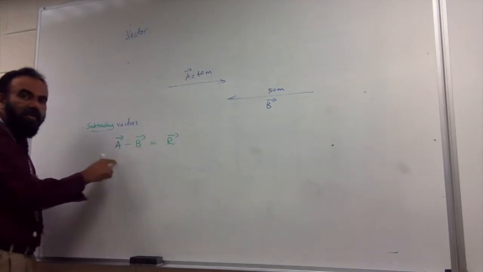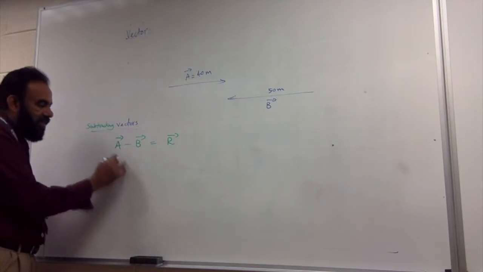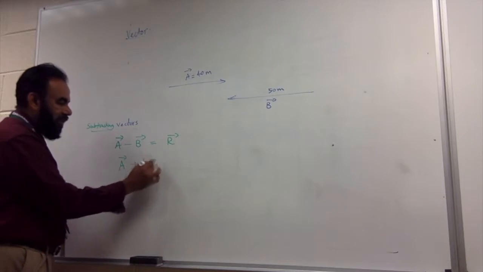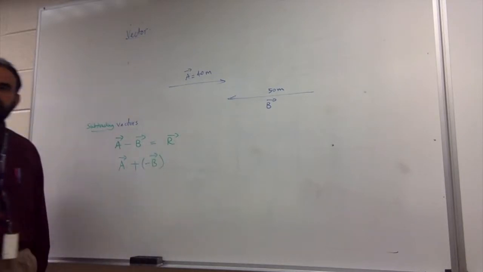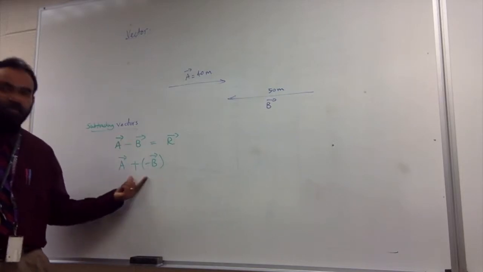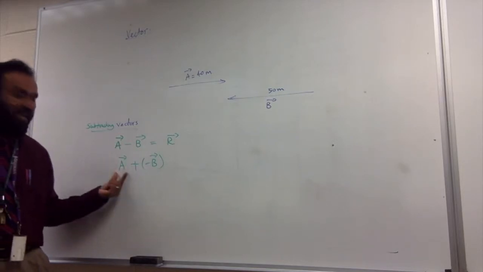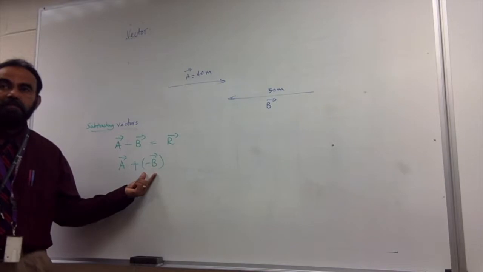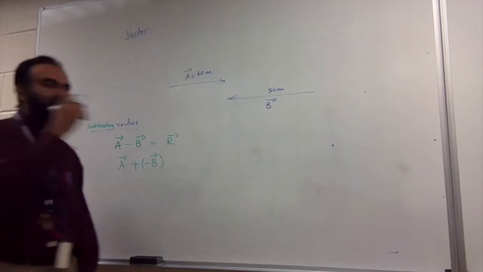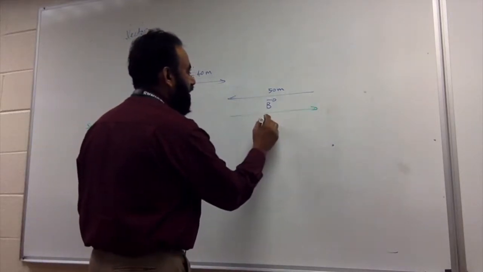Now, looking at A and minus B, I can also write it as A plus minus B. Is that okay? Yes, it's the same as addition. The subtraction turned into an addition now. But I'm adding A not with B, but with the opposite of B. Just the opposite of B. Where is the opposite of B? 50 meters. That is minus B.